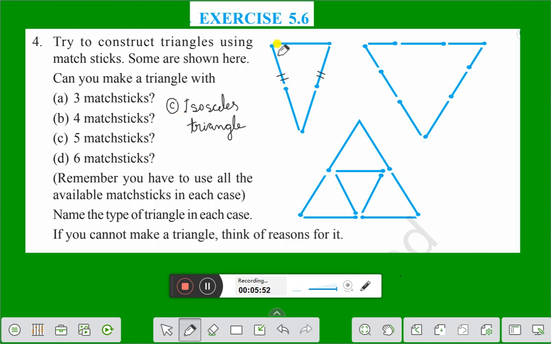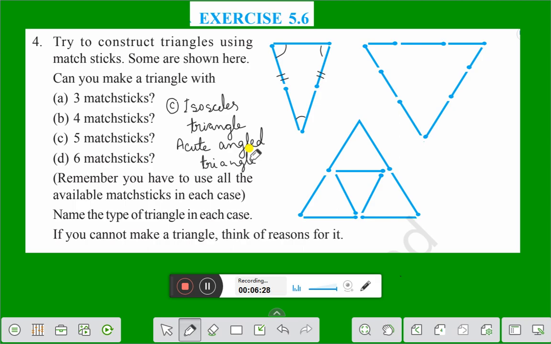Now you see the angles. Here you see all the angles are acute angles. You see this angle, and this angle. All the angles are less than 90 degree. Therefore, you can say it is an acute angled triangle, according to naming of triangles by angle.